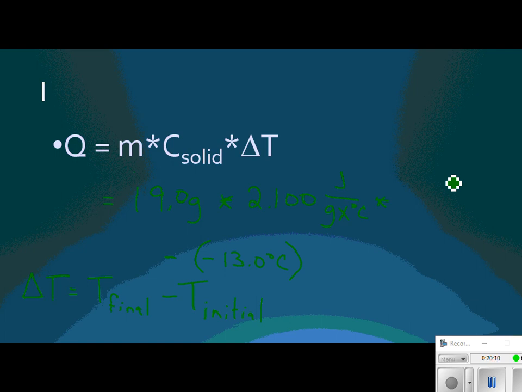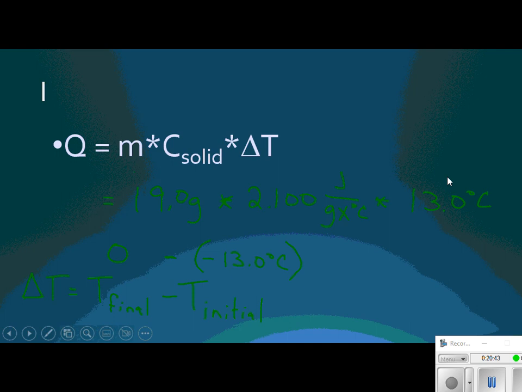Okay? So, what is 0 minus a negative 13? It's 13. So my temperature change is 13 degrees Celsius. So, does everybody understand that part about temperature? Because that's the big part. That's where everything gets screwed up. Area 1, temperature ends at 0.